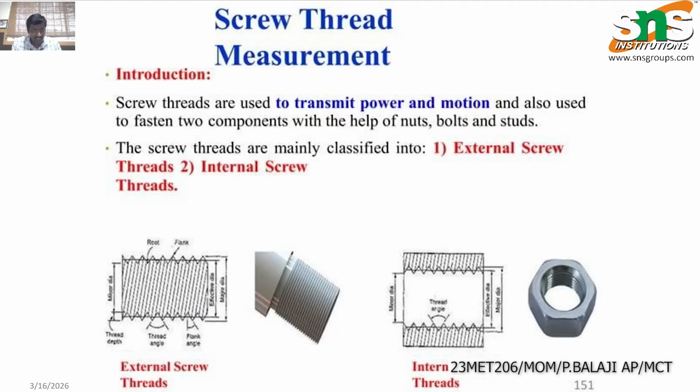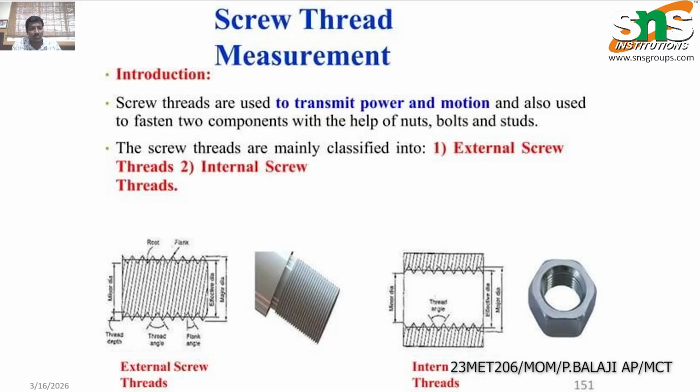Basically, what is a screw? Screw threads are used to transmit power and motion, and also to fasten two components with the help of nuts and bolts. Basically, threads are used to connect two components. As you can see on the screen, we have two kinds of threads available.